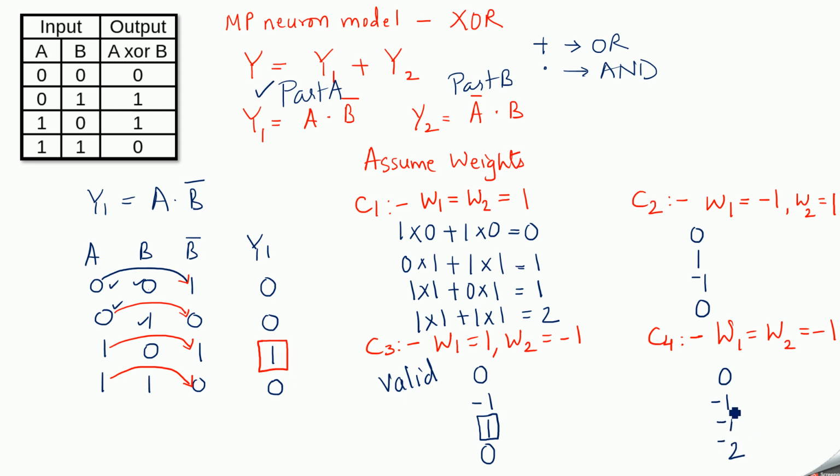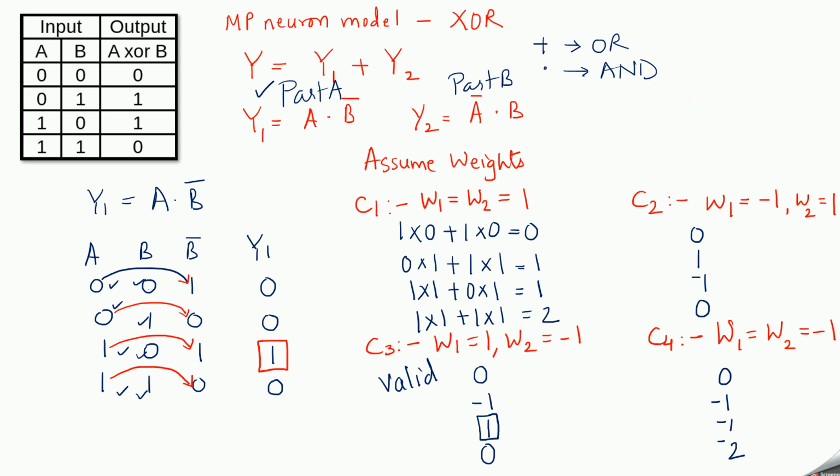So here in this case also the condition is not met. So I repeat, when you are multiplying with the weights, ensure that you multiply with A and B and not with A and B bar. So this is the valid case for part A.